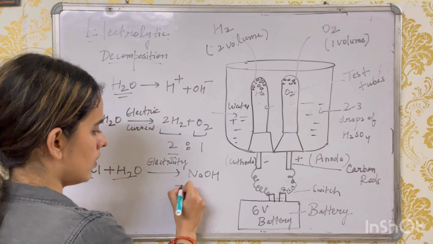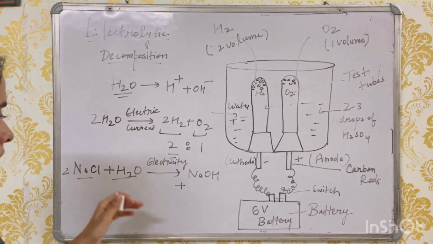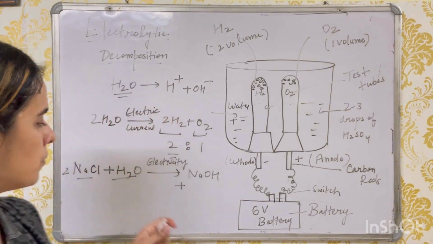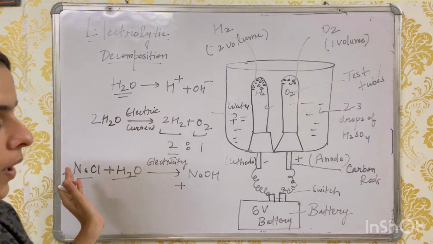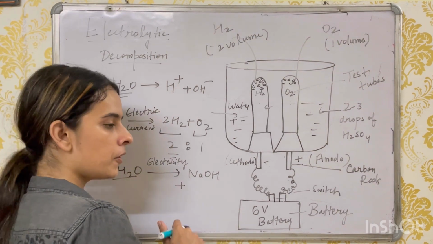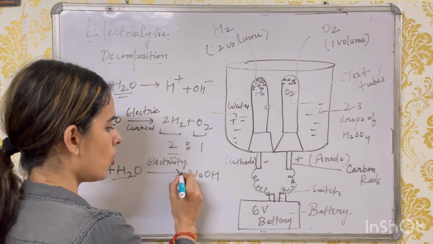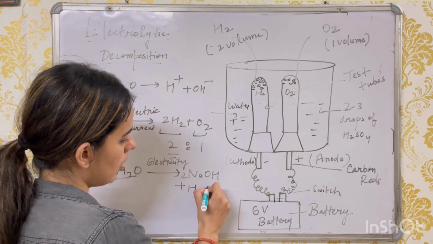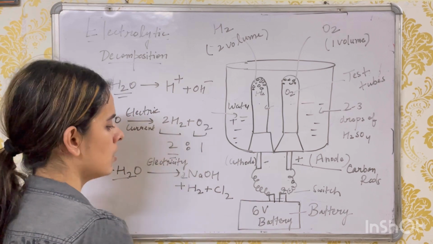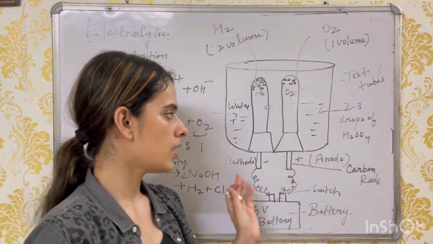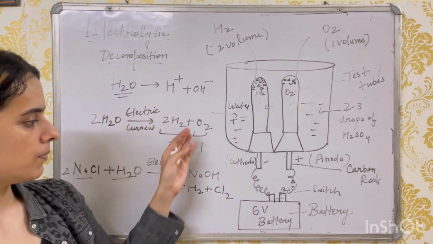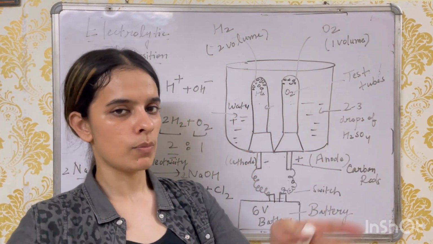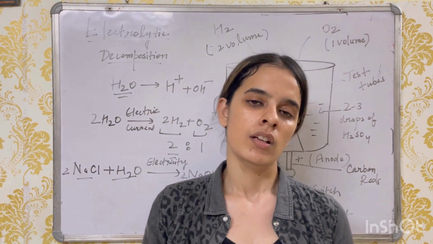This is the molten form of NaCl, because here you added water into it, so it is converted into molten form. There is a formation of sodium hydroxide along with the release of hydrogen and chlorine gas. Hydrogen would be formed at this end and chlorine would be released at this end, and this would go out from the chamber with time.